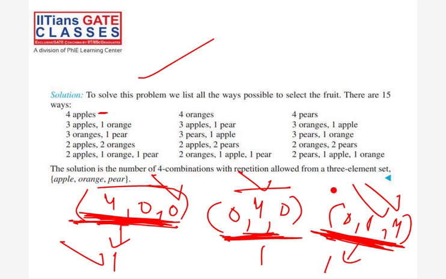Now you can see that the answer will be 15, and you can see why. He has listed out all the possibilities. Of course you might be thinking that listing out all the possibilities is not an efficient way of solving, so we will see the formula also, but don't worry.